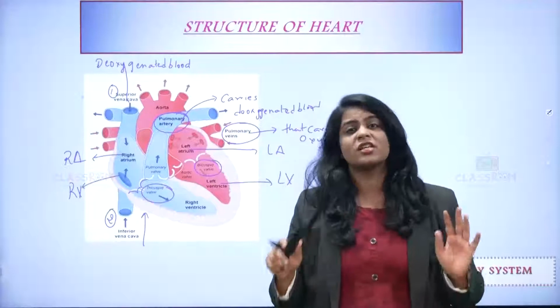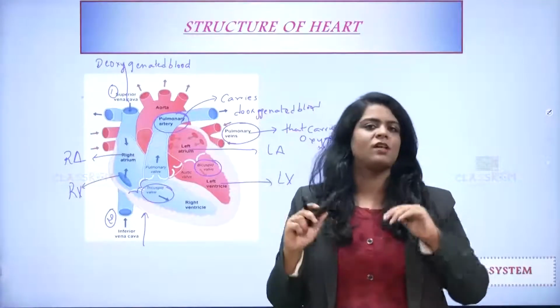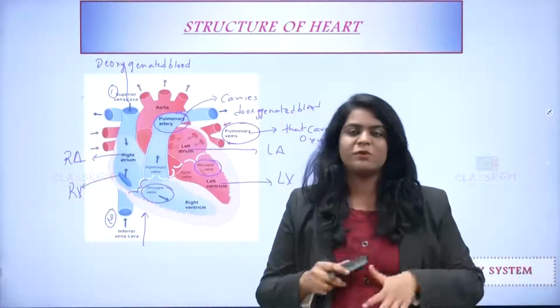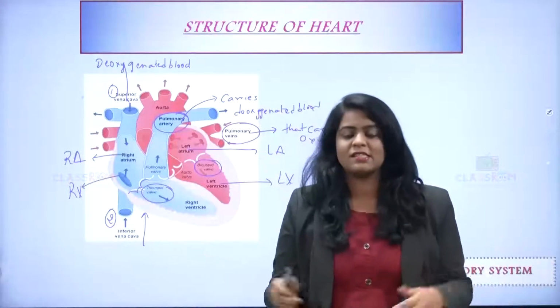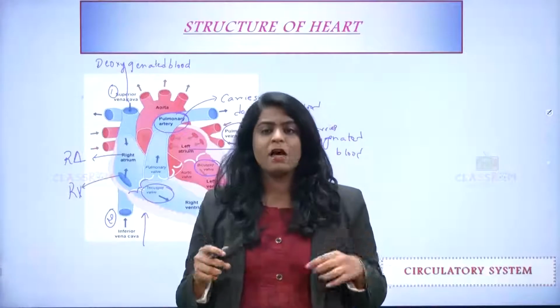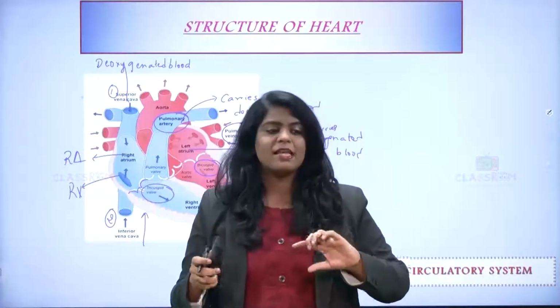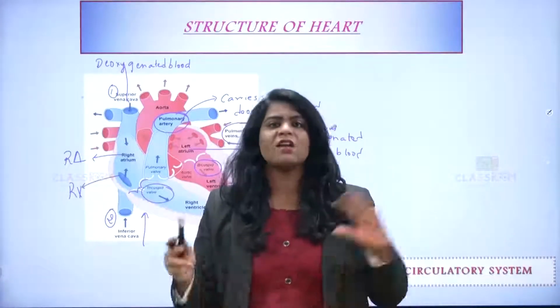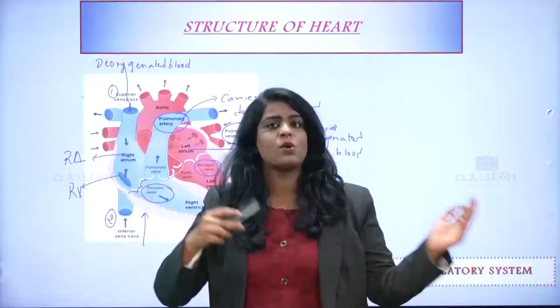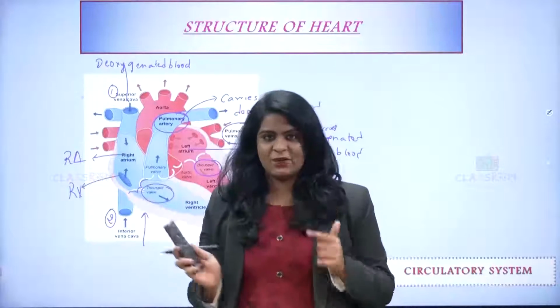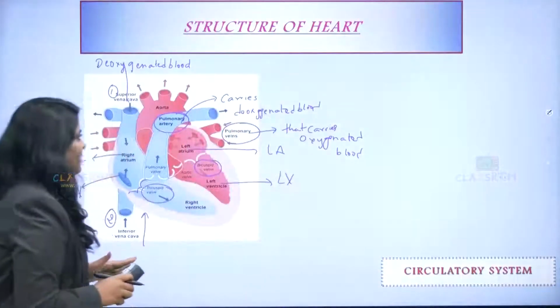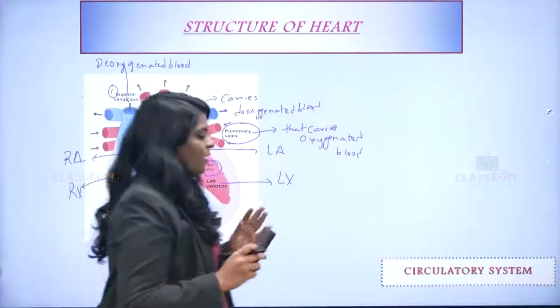So this is a tricky question which will be repeated in your 10th, it will be repeated in your 11th and 12th and even in future whenever you take science, because everyone assumes that artery always carries pure blood and veins always carry impure blood, but that's not true in this case, okay.